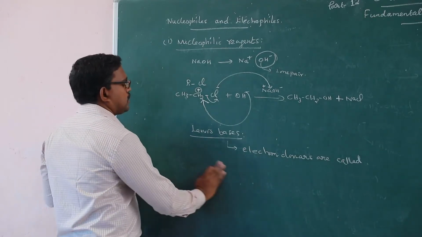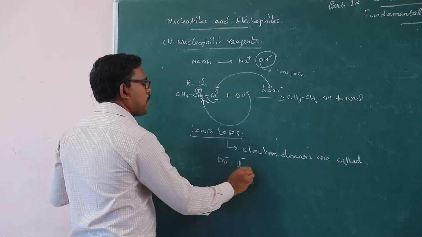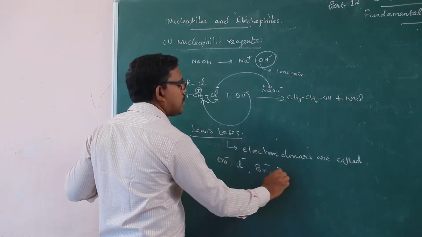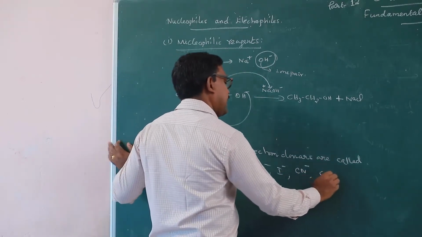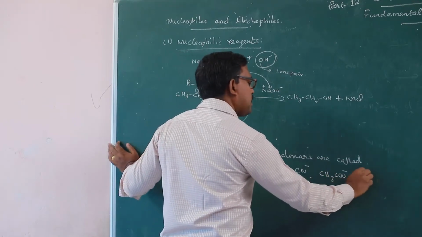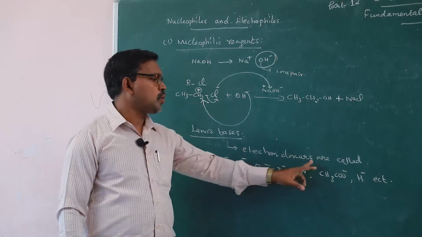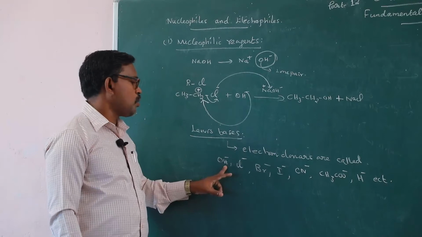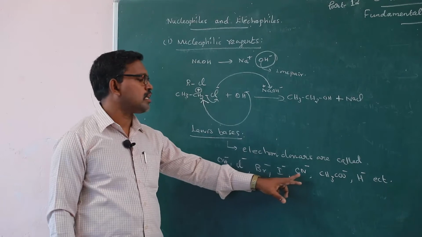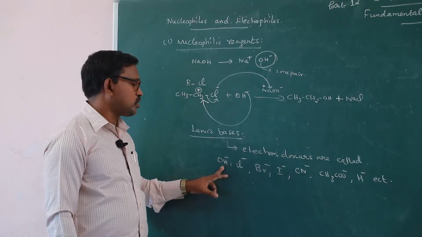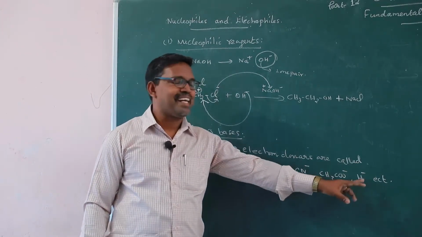Examples for Lewis bases: OH minus ion, Cl minus ion, Br minus ion, I minus ion, CN minus ion, acetate ion, H minus ion, etc. So these electron donors are called Lewis bases. They are hydroxy, chloro, bromo, iodo, cyano, acetato, hydrido, etc.